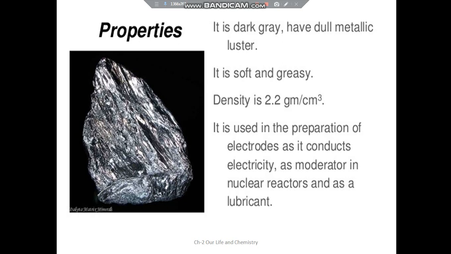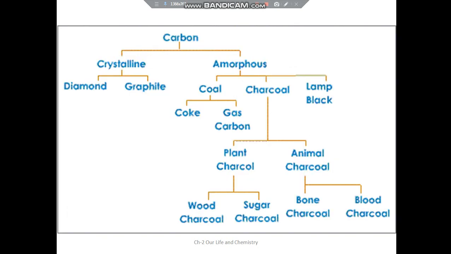In the dry cell that we have, if you have ever tried to open a dry cell, you will notice there is a central rod in between that is made of graphite. Now on the screen you can see a chart or tree diagram of the various allotropes of carbon. Inshallah, tomorrow we will continue with the amorphous forms of carbon.